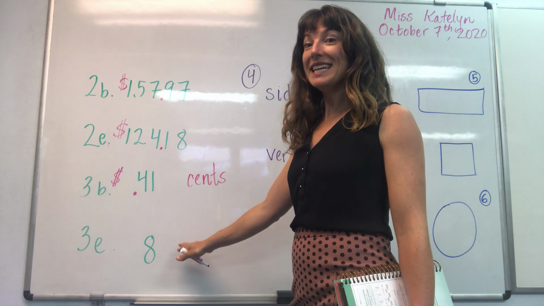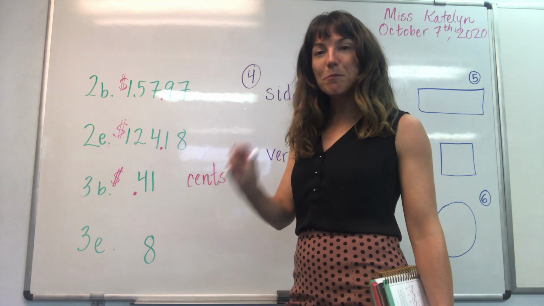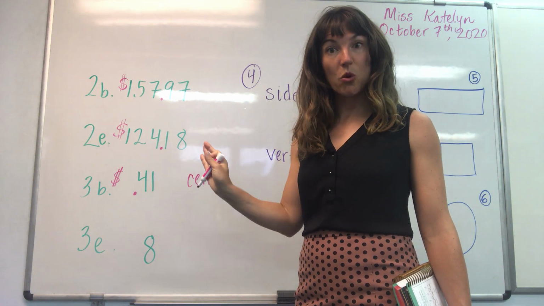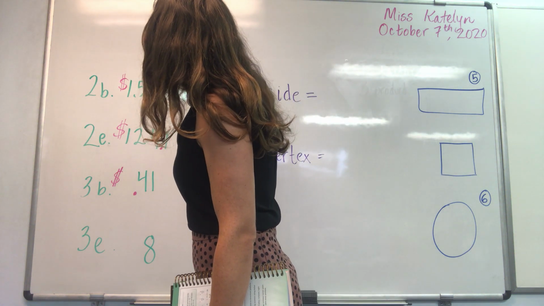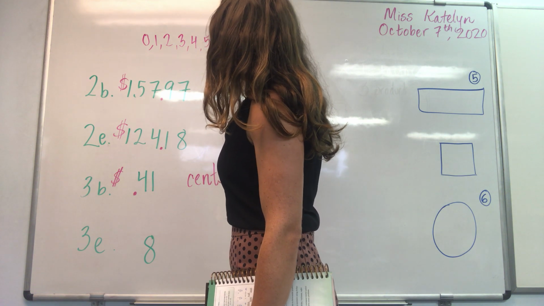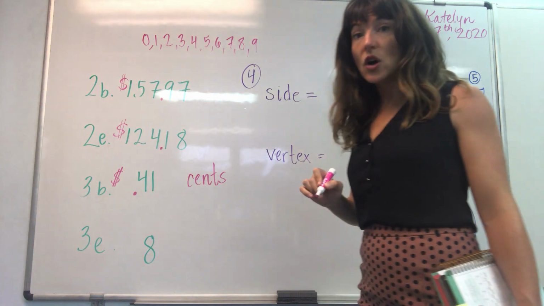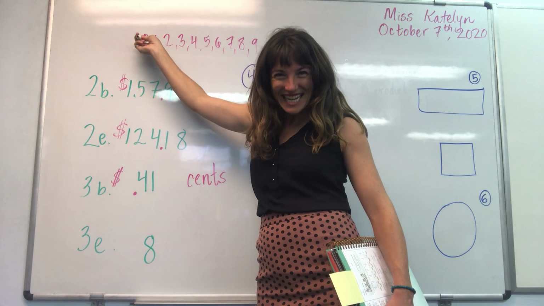Now 3E looks a little tricky, right? Because there must be 2 digits after the decimal point. Remember, the digits are 0, 1, 2, 3, 4, 5, 6, 7, 8, and 9. Those are the digits. 0 is a digit.